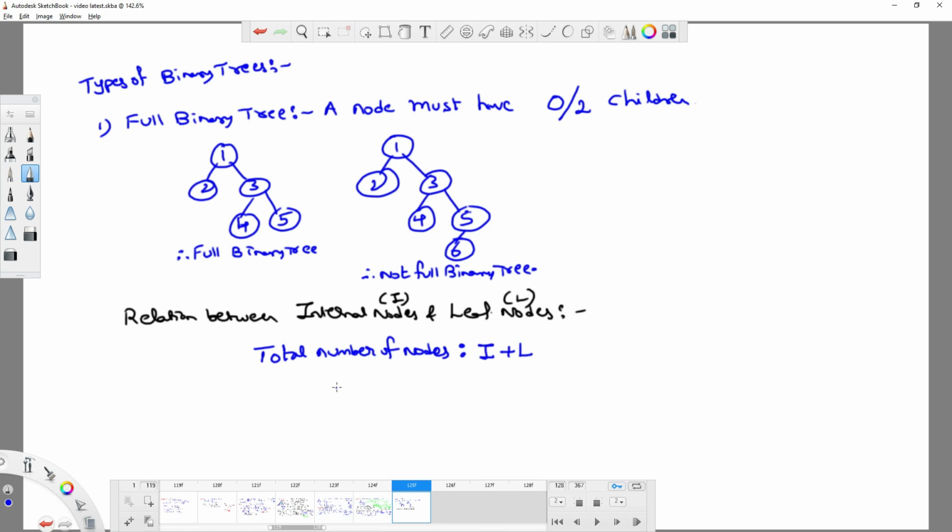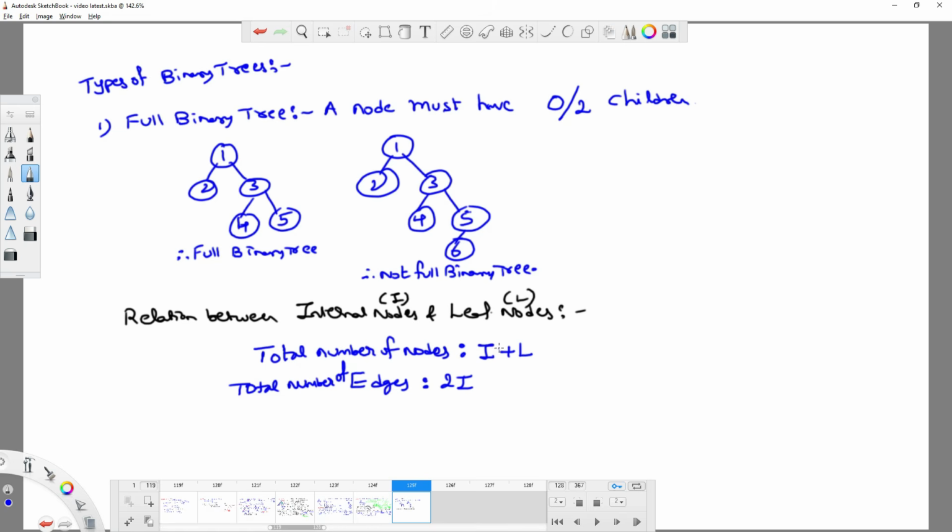Okay. Can you define some relation for edges? Total number of edges. How many edges are possible in a full binary tree? Is it 2 into I? Very good.